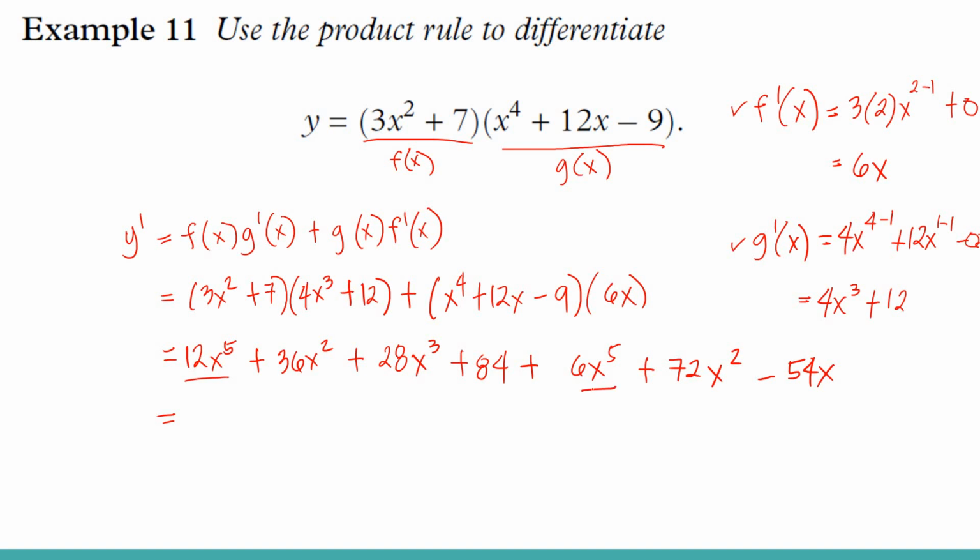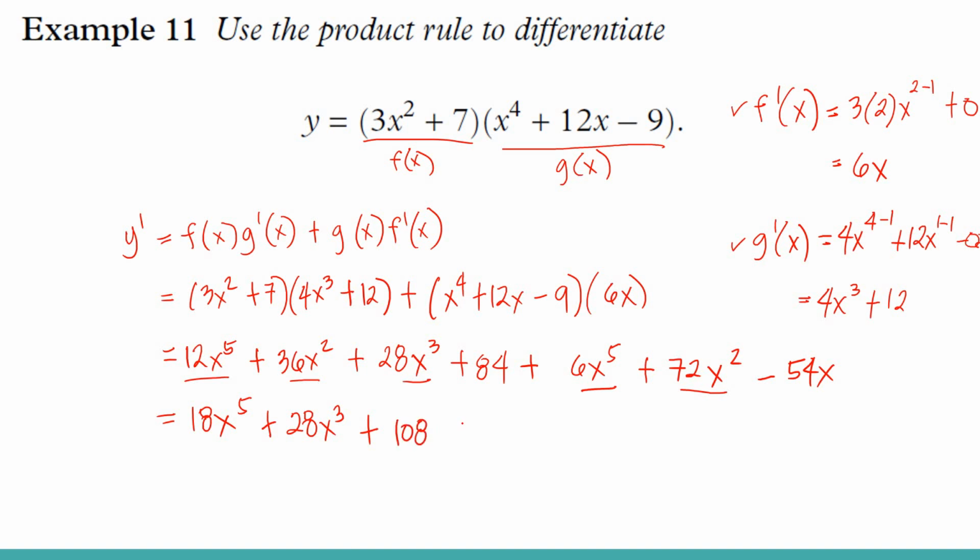Sum the terms with the same power. 12 plus 6, this is 18x raised to the power of 5. And then the cube, 28x cubed, plus squared, 36 and 72, this is 108.